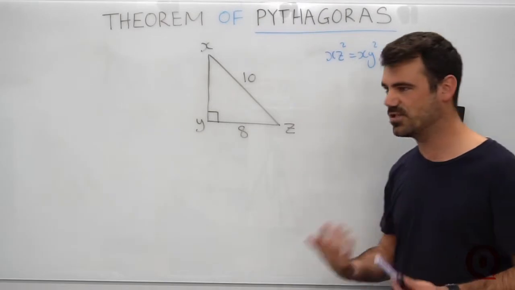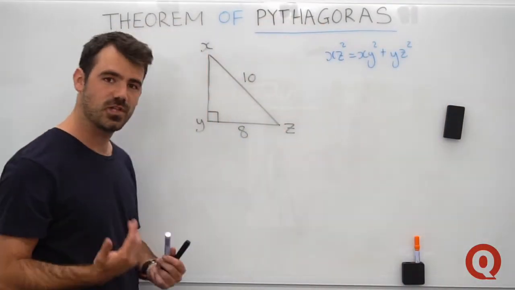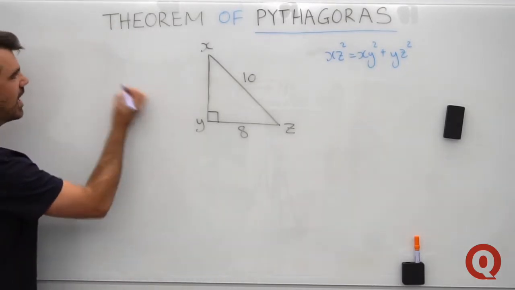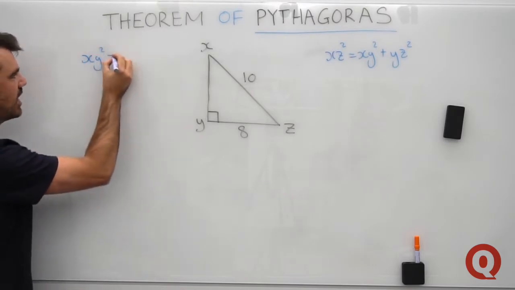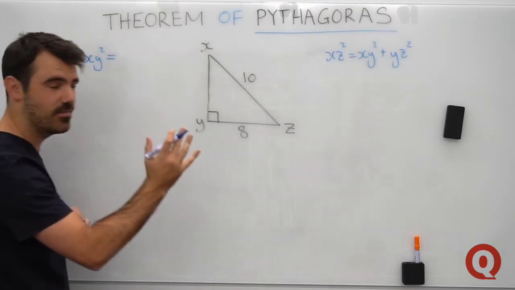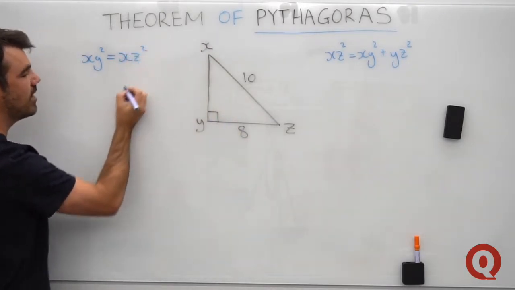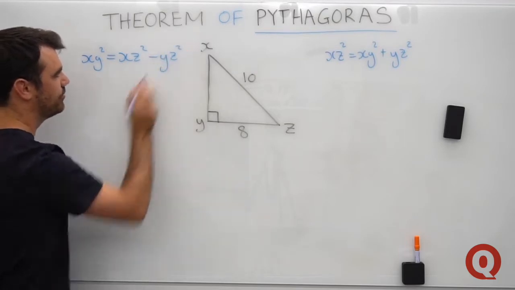So all I'm going to do is write it down like that. The side that I'm looking for is one of the shorter sides. I'm looking for XY squared. So the shorter side is going to be equal to, you've got to write the hypotenuse first, which is XZ squared, minus my other shorter side squared, YZ squared.